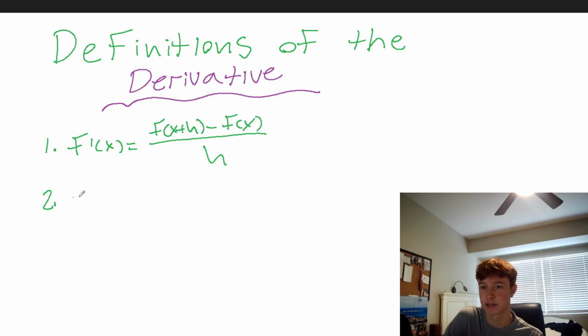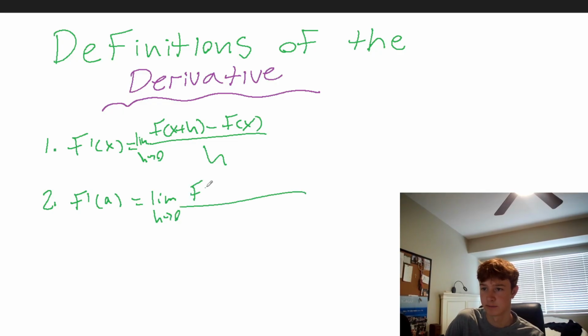And then a second one would be f prime of a equals the limit as h approaches 0 of f of a plus h minus f of a over h.